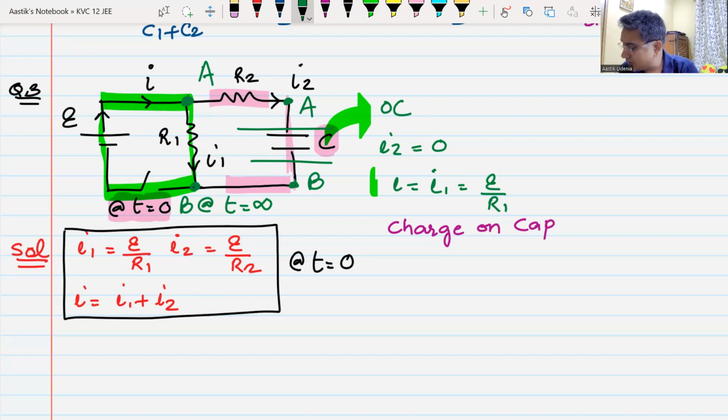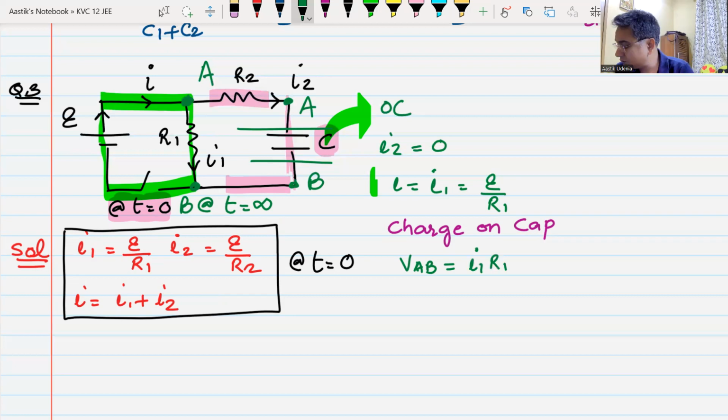What will be the potential difference between A and B? The potential difference between A and B is the potential difference across R1. And that is simply equal to I1 multiplied by R1.